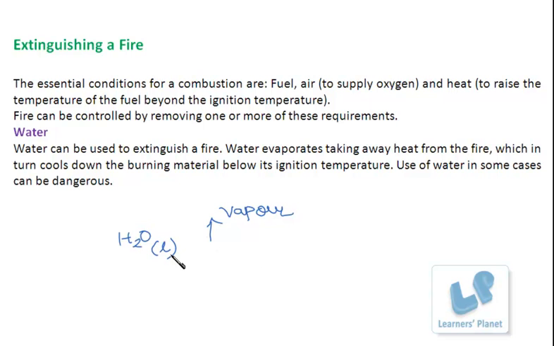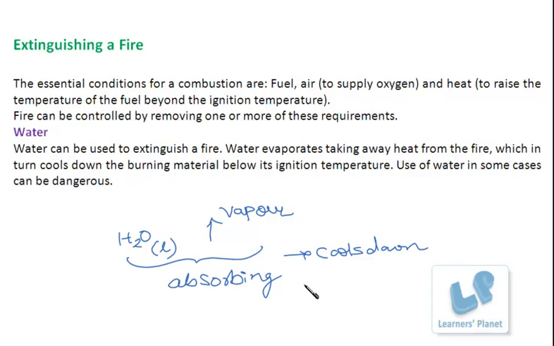When it is changing into its vapor state, it is absorbing heat. Obviously, without absorbing heat, it cannot change into its vapor state. So it is absorbing heat from the fire, as a result of which it cools down the burning material, and that too below its ignition temperature.